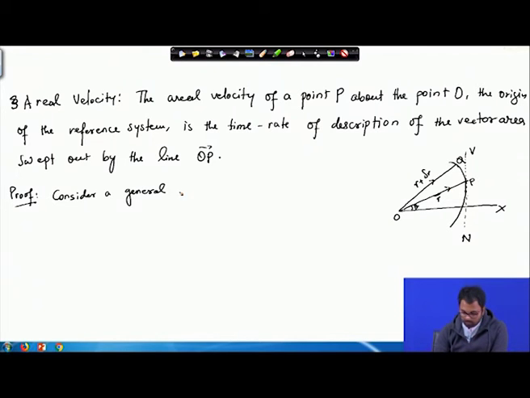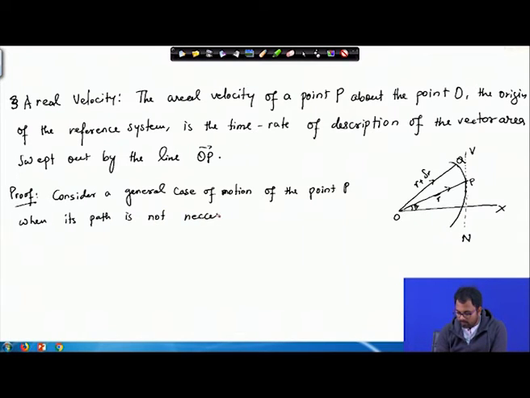However, we consider a general case of motion of the point P when its path is not necessarily a plane curve.